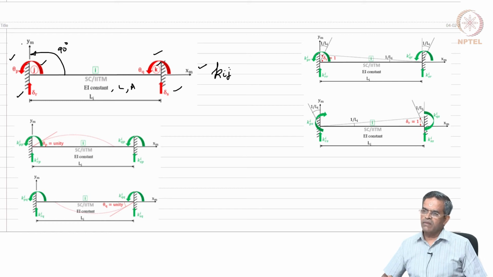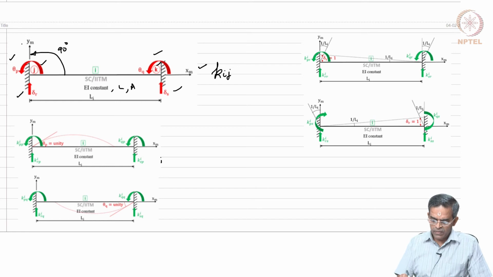We know this. So, what we did is, we gave unit displacement, rotation, in the pth degree and we marked these forces as Kpp, Kqp, Krp and Ksp.